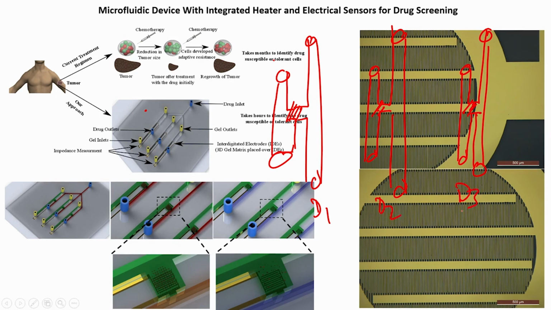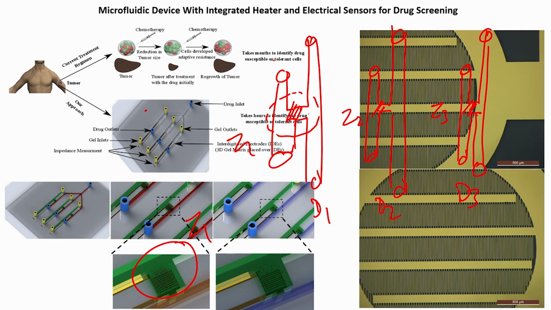If I zoom in on this particular part, it will look like this. The material with cells is sitting on the interdigitated electrodes. When that happens, there is an impedance: in this case Z1, in this case Z2, in this case Z3.